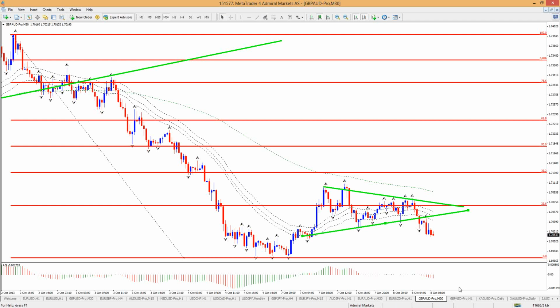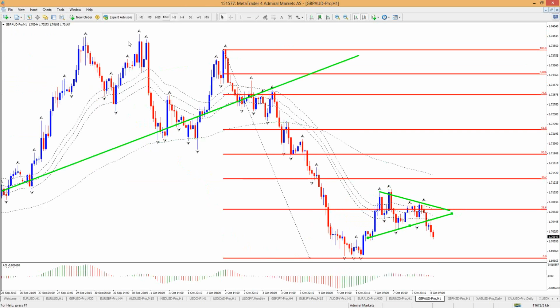Kind of like a triangle here, isn't it? Broke out of that triangle, hooked back, and continued.